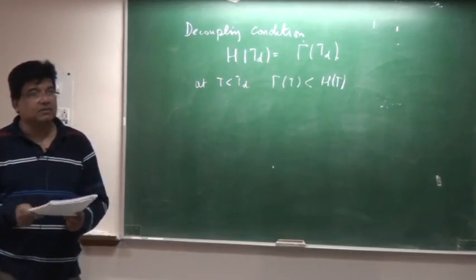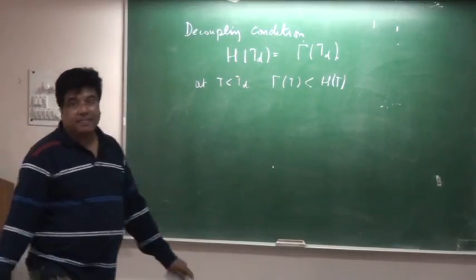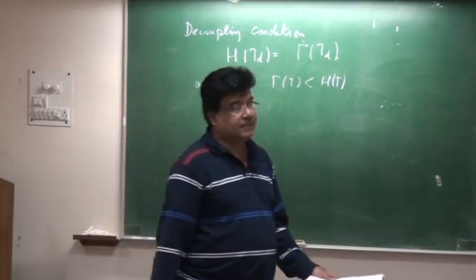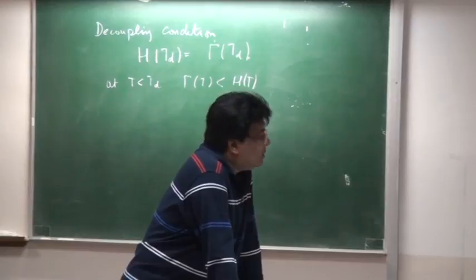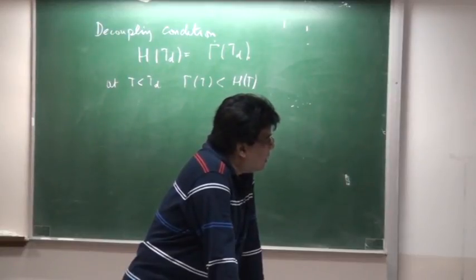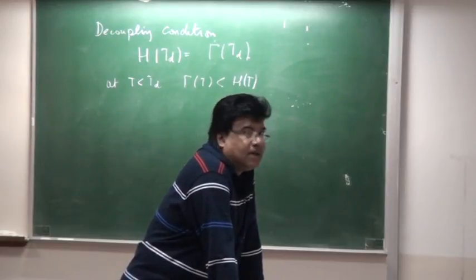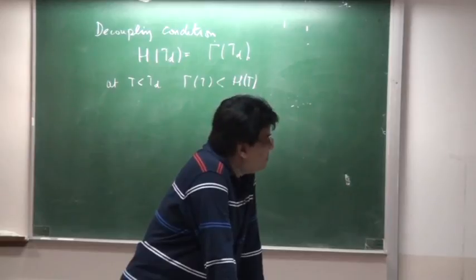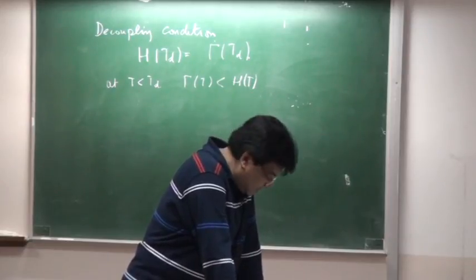Gamma is a function of the cross section and the number density. So is 1 by gamma the time scale at which the system equilibrates? Yes, that's true. It will depend upon the cross section and the number density, so 1 by gamma will be the time scale of equilibrium.